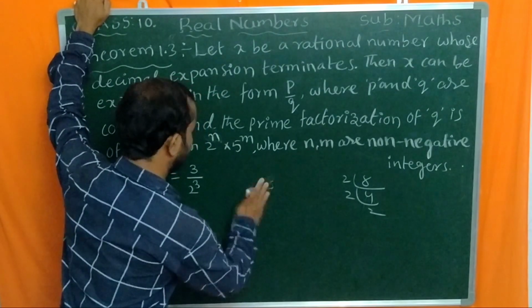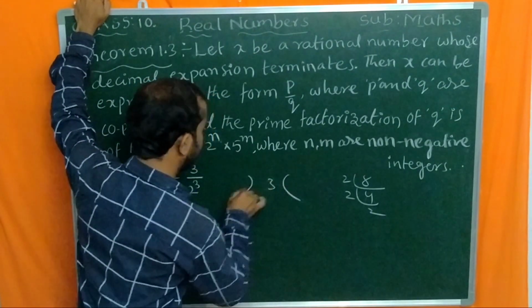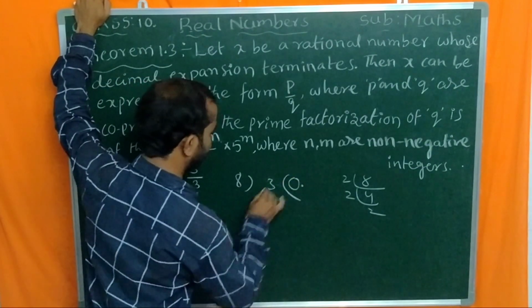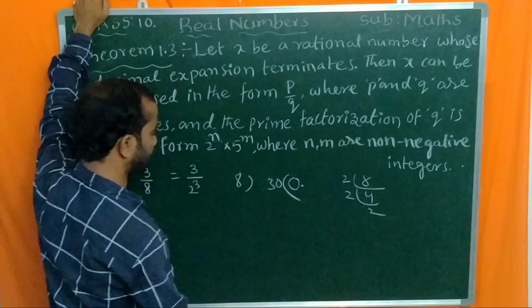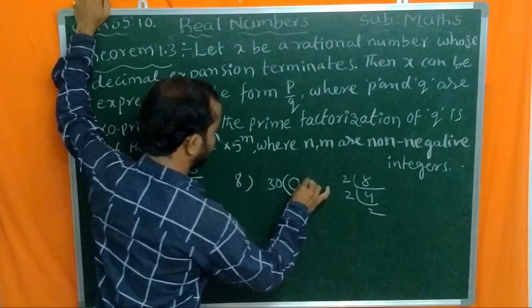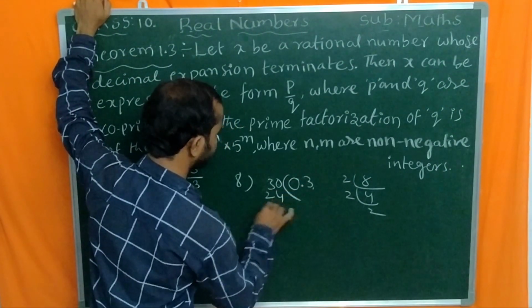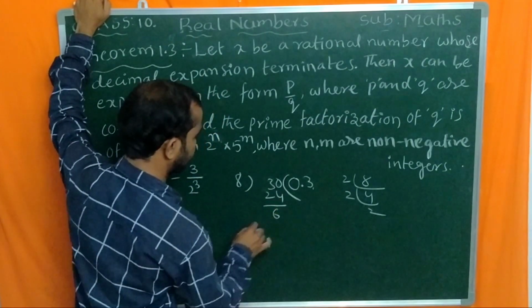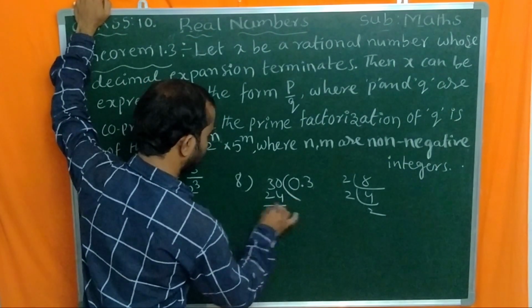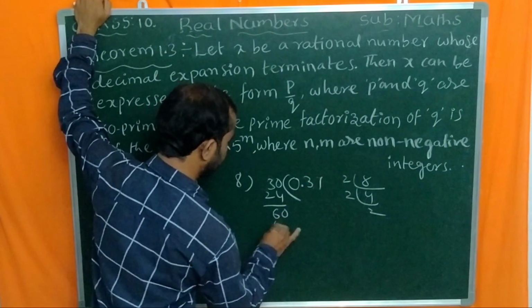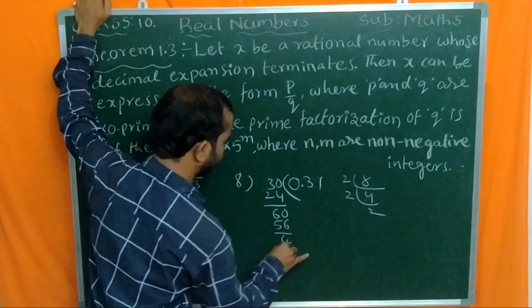Check once, 3 divided by 8. Here we put 0 and here also 0. 8 times 3 is 24. Next 6, then 8 times 7 is 56, remainder 4.